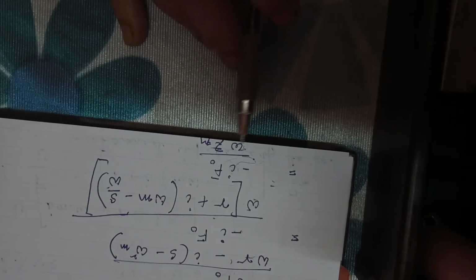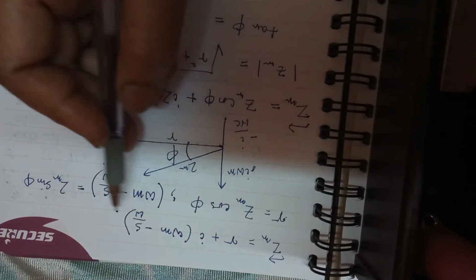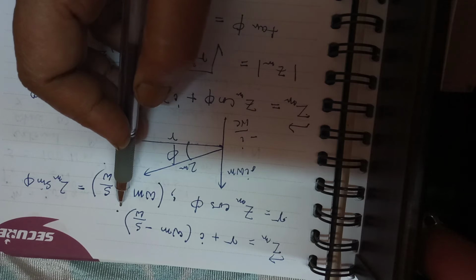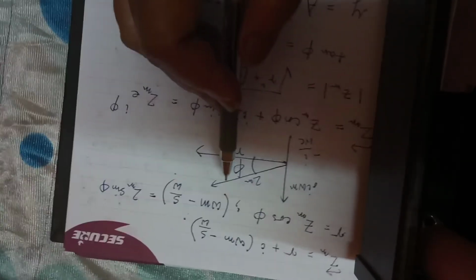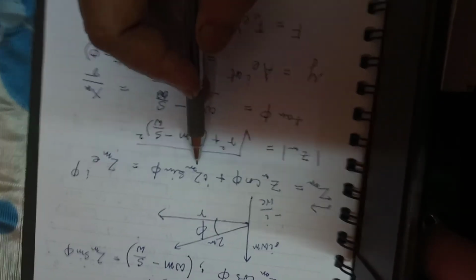So this is the amplitude that we are getting over here, where we put Zm, the impedance, in this form. The vector form of Zm is given over here. If we put r equal to Z cos phi and this equal to Z sin phi, then you see your Zm can be written in this manner.